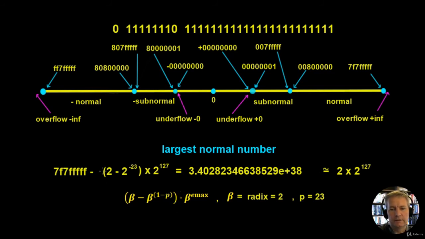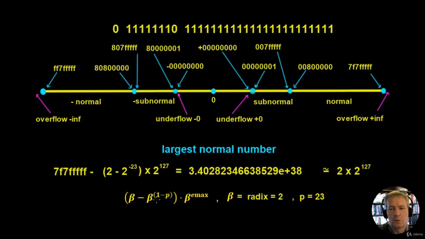If we say that this number 2 is something called the radix, so the radix is 2 and we'll give that the value beta. So we can say the value of beta minus beta to the power of 1 minus p. The number p is actually the number of significant figures. The number of significant figures in the significand isn't actually 23, it's actually 24, because one of the bits is going to be a hidden bit.